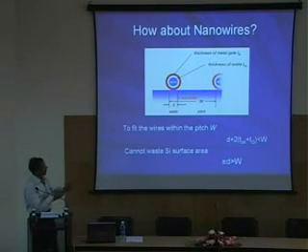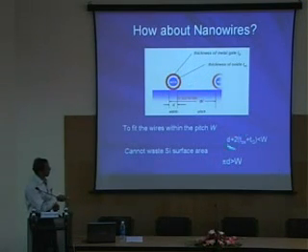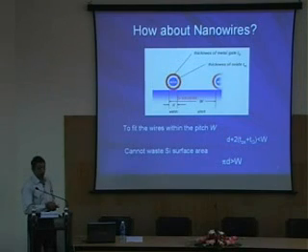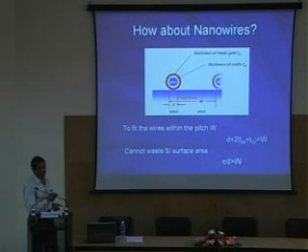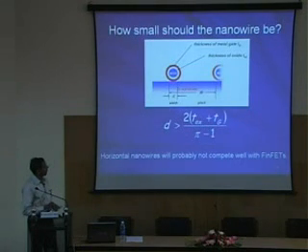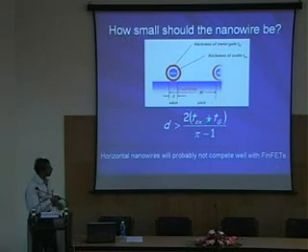So this must be smaller than w. If I had to put these nanowires closer, this entire length has to be smaller than w. Or in other words, the entire length, which is pi d, has to be greater than w, which is going to be very difficult, because d, the diameter of the wire, has to be greater than 2 times (Tox plus Tg) divided by (pi minus 1).